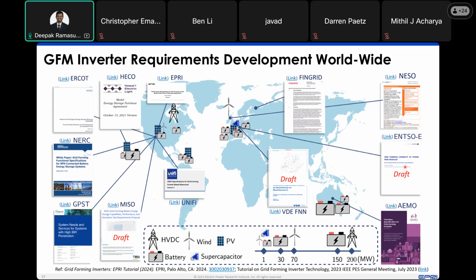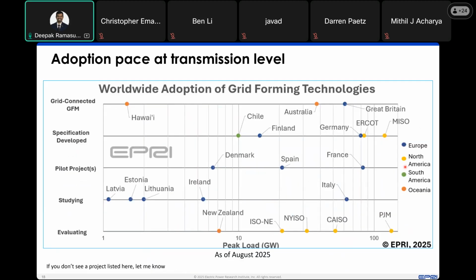But largely, what ends up happening with each of these requirements is that there is a country-specific set of requirements that are usually developed or incorporated to cater to some of the nuances within that particular footprint or particular power system. And different regions around the world are adopting grid forming technology at different paces.